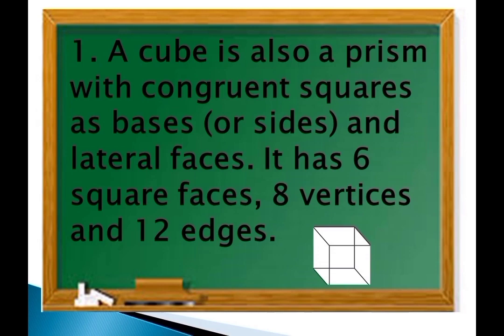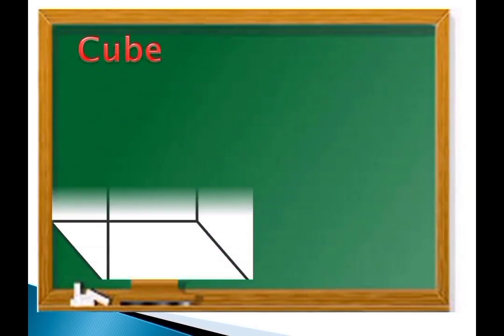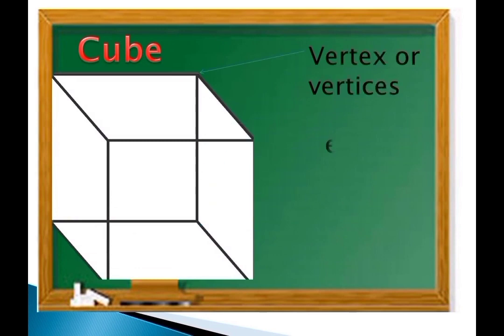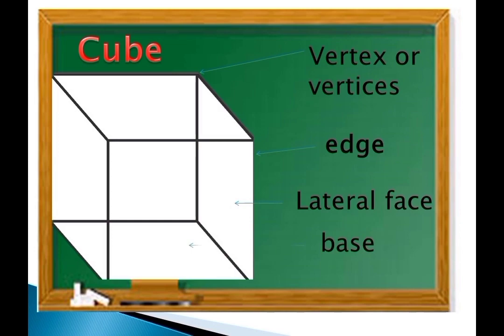It has 6 square faces, 8 vertices, and 12 edges. This is the vertex or one of the vertices of the cube, one of the edges, and this is one of the lateral faces, and this is one of the 2 bases of the cube.